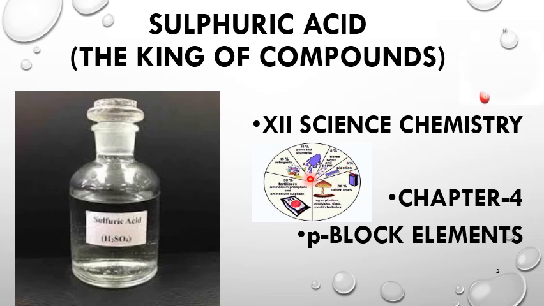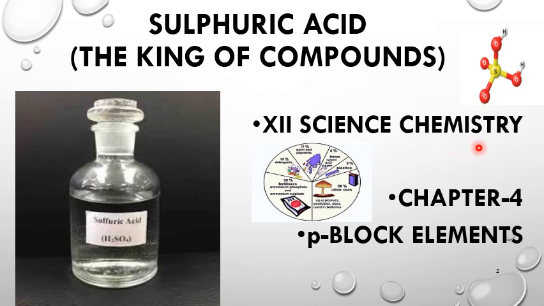It is also used in making steel, detergent and explosive material. It is used as a laboratory reagent. Thousands of chemicals are manufactured by using sulfuric acid. That's why it is called the king of compounds.